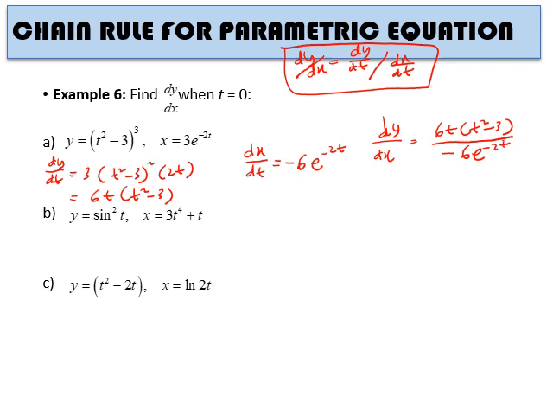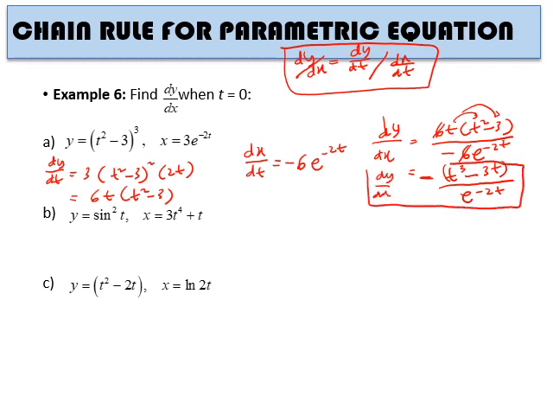Now we can cancel 6. So the final answer would be negative t. We can expand it: t to the power 3 minus 3t over exponent negative 2t. So this is your dy/dx, the final answer that we want.